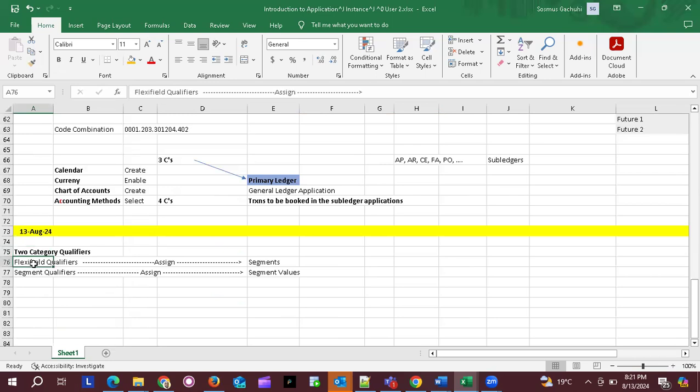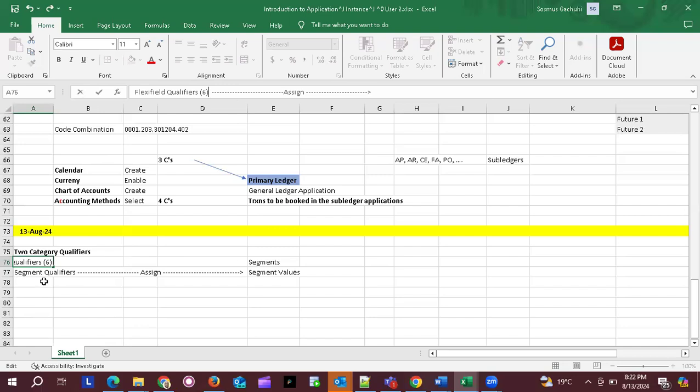So qualifiers are kind of differentiator. They give the difference between one segment and the other. So the moment you assign a qualifier, or for instance Flexfield qualifier, to a certain segment, it takes the characteristics of that qualifier and it makes it unique by its own. And it is very much important to note that under Flexfield qualifiers, we have 6 of them.